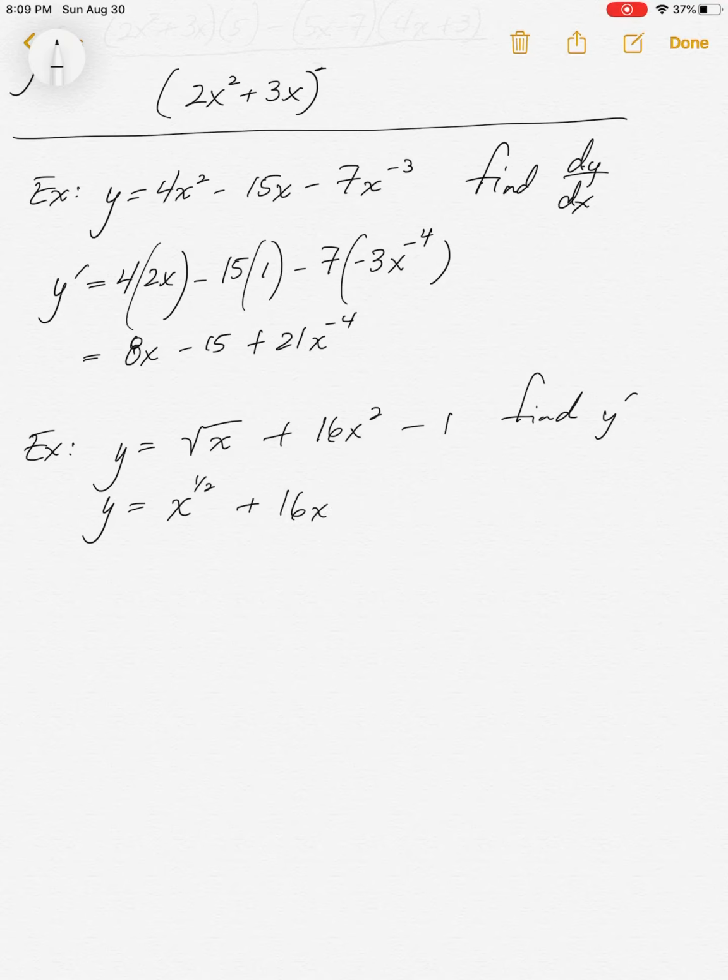So we have x to the 1/2 plus 16 x squared minus 1. Start applying these power rules all the way through. Applying the power rule. You take that 1/2, bring it down front, times that x to the 1/2 minus 1 plus 16 times that 2x.